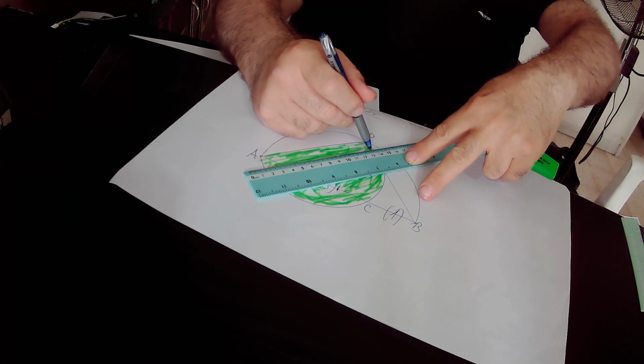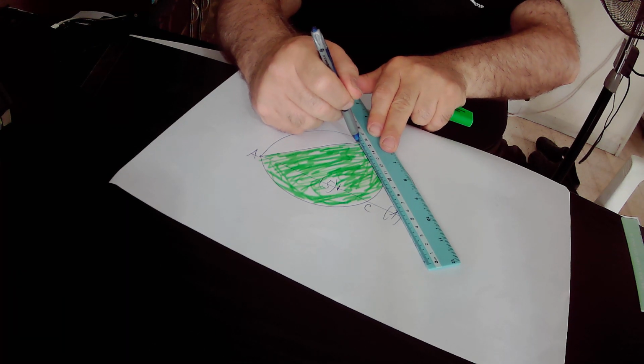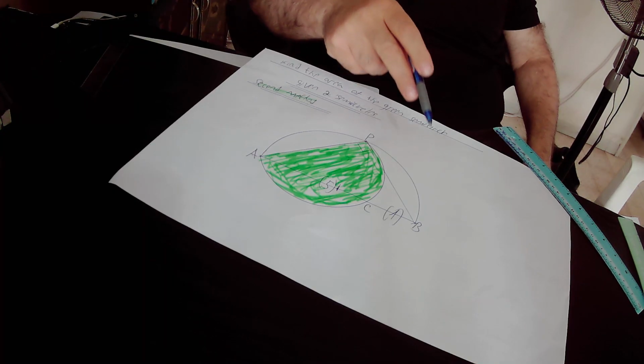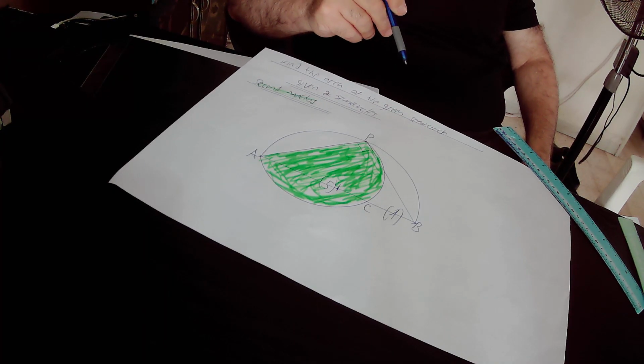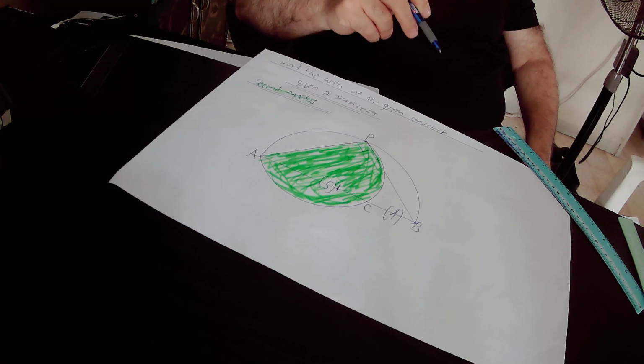So this angle equals 90 degrees, according to rule 7. So I copy the green semicircle with line segment BP, and we will analyze the green semicircle with the line segment BP.